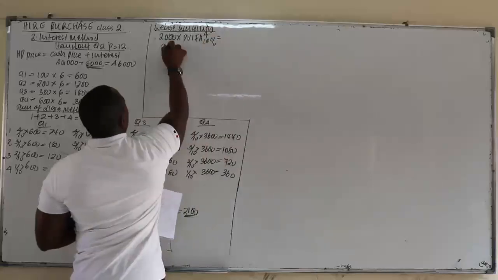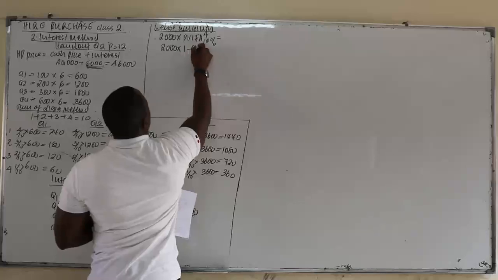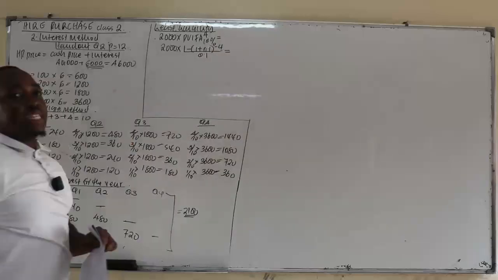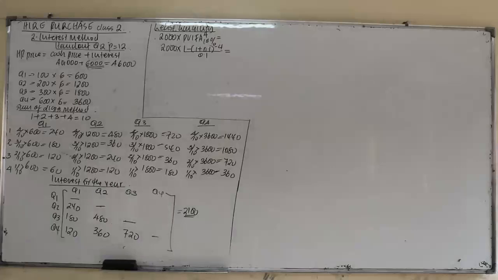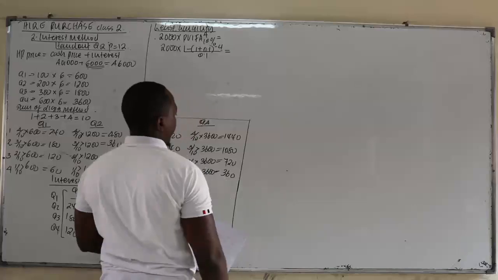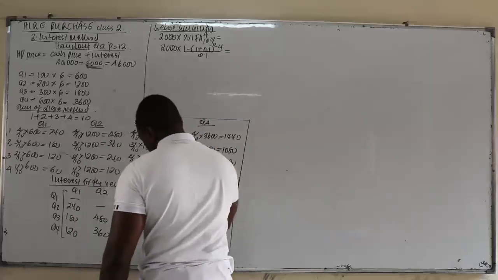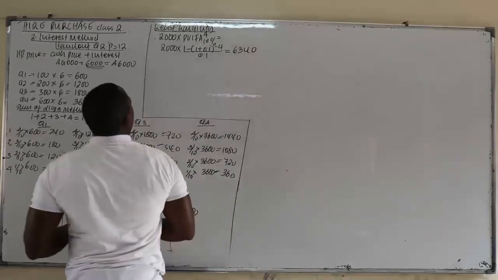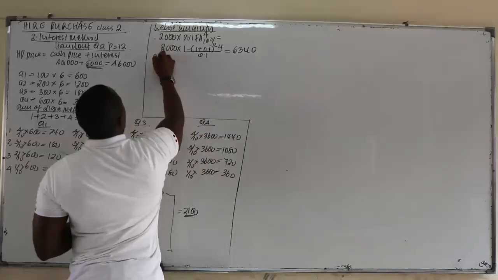So it will be 2,000 times (1 minus (1 plus r) raised to the power negative 4) over 0.1, where r is 0.1. So what do you get? You get 6340.